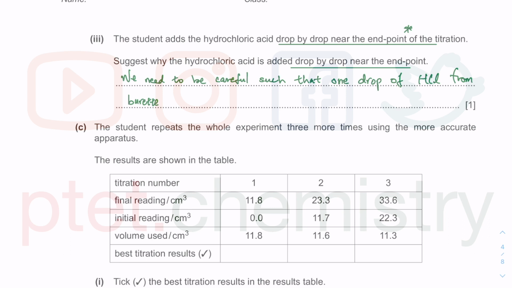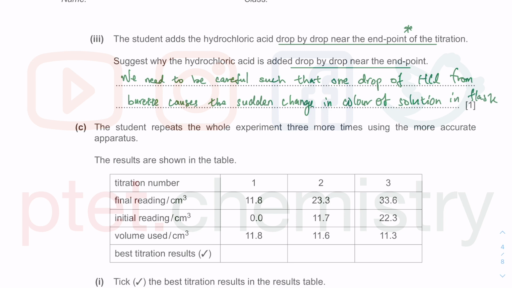You would have seen what I mean exactly. One drop of this from the burette will cause the sudden change in color of the solution in the conical flask.